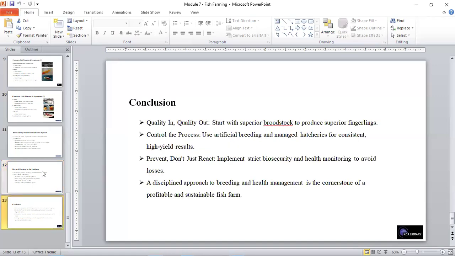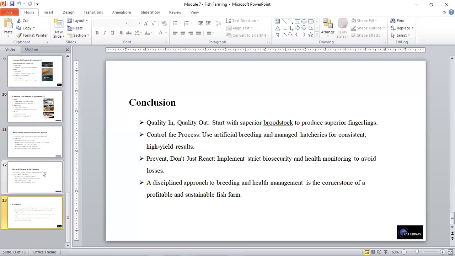In conclusion, in fish farming, there's need for quality. When you put in quality, you get quality out. So start with superior broodstock to produce superior fingerlings. Control the process by using artificial breeding and managed hatcheries for consistent and high-yielding results.